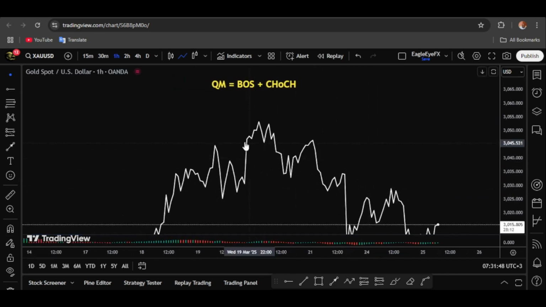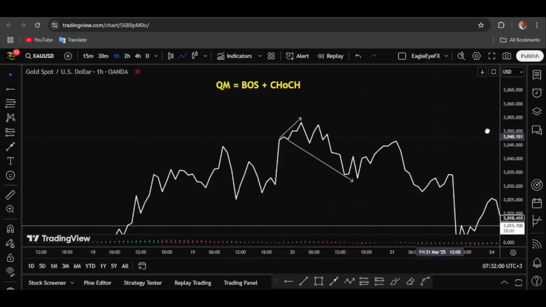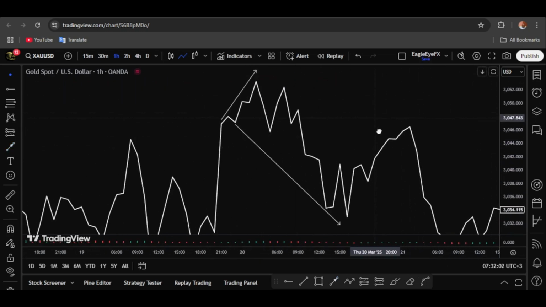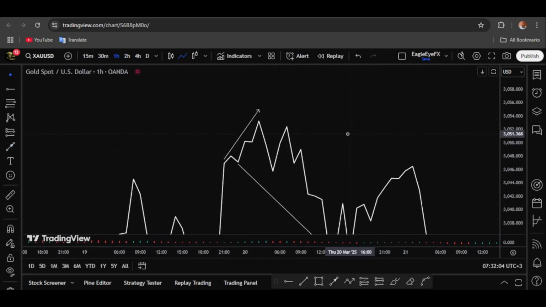So that's a very good sign. Then look at here what happened over here. I want you to observe this level. You can see here we have our higher highs, and then we have our lower lows. Like I said, sometimes it's not going to be a picture perfect QM pattern, but you can see this is a break of structure, change of character.